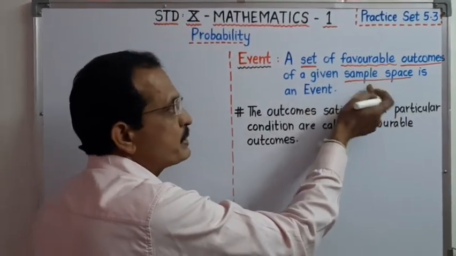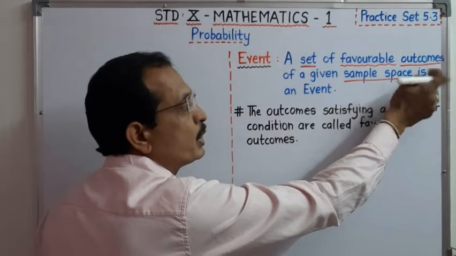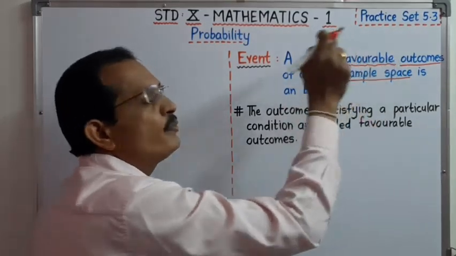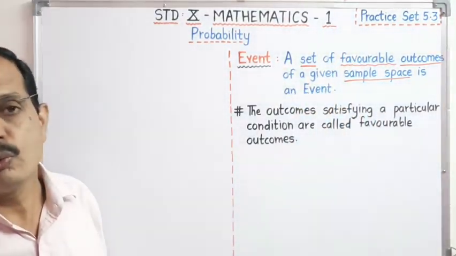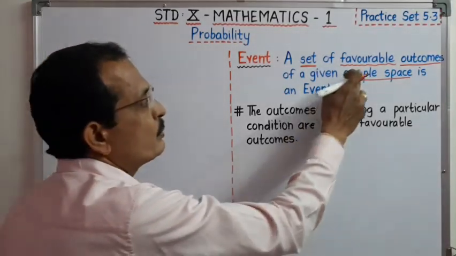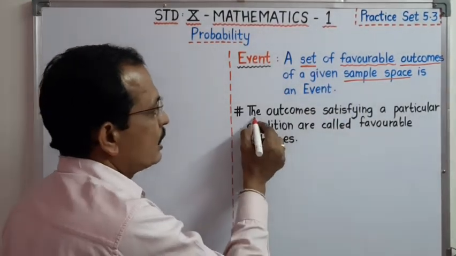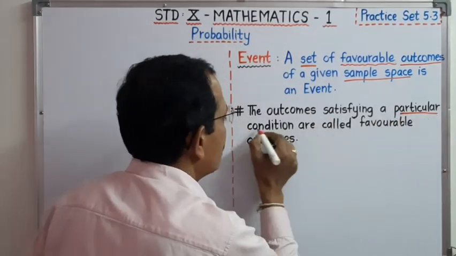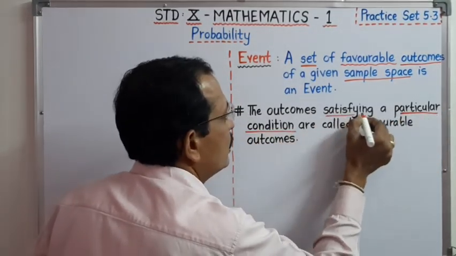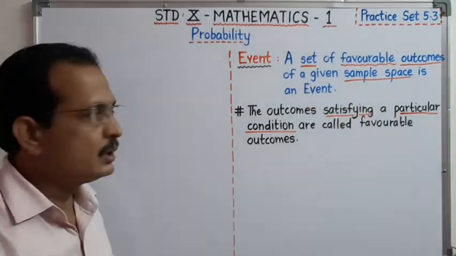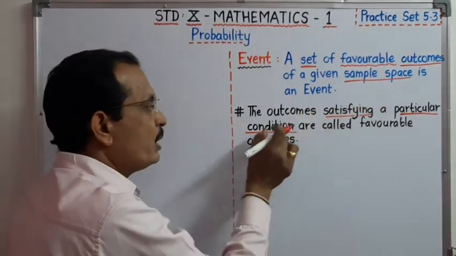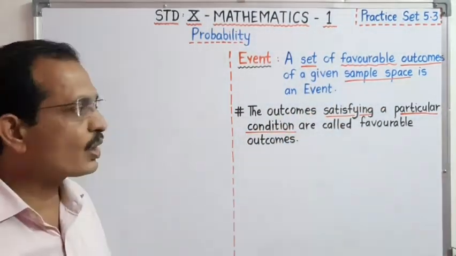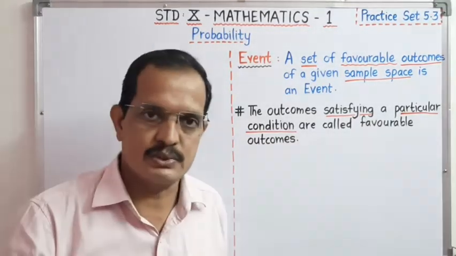From that sample space we have to write the outcomes, but which outcomes? Which are favorable. For that purpose we must know the favorable outcomes. The outcomes which satisfy a particular condition are called favorable outcomes.